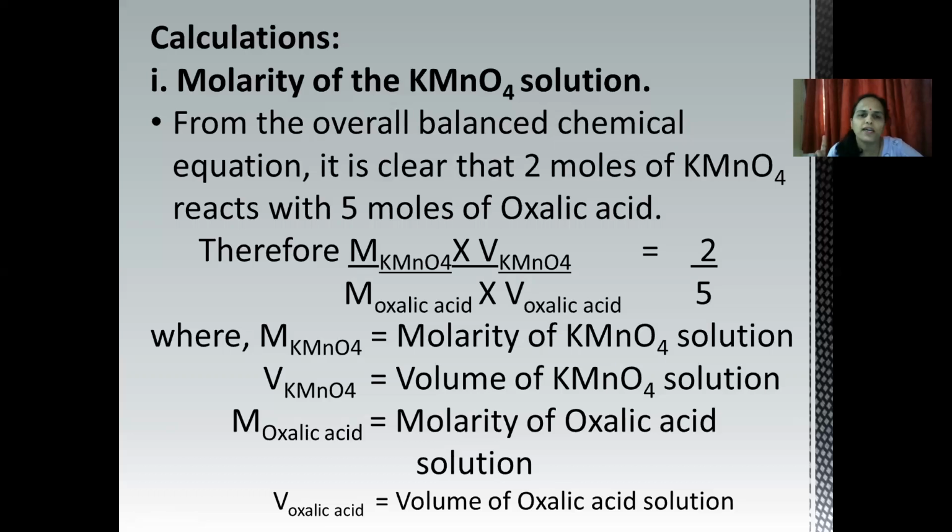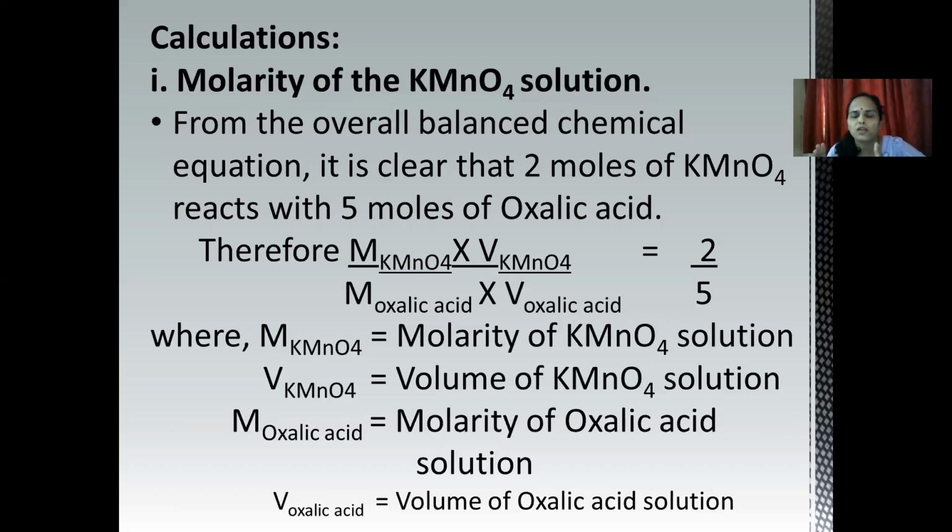I showed you there in the theory, from the overall balanced chemical equation, it is clear that 2 moles of KMnO4 reacts with 5 moles of oxalic acid. Therefore, M into V of KMnO4 divided by M into V of oxalic acid is equal to 2 upon 5.